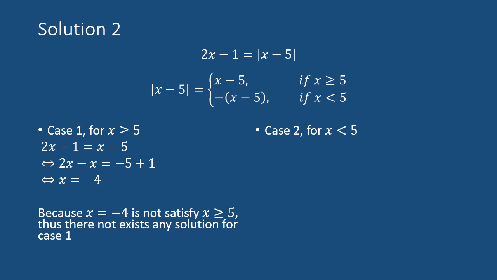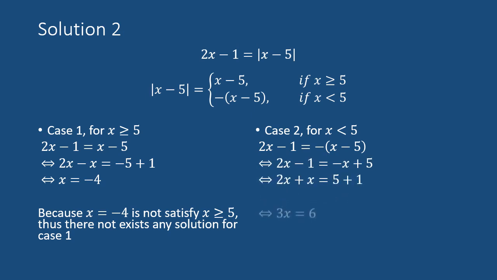And because x equals negative 4 does not satisfy x greater than or equal to 5, there does not exist any solution for case 1. And then we go to case 2, which is for x less than 5.